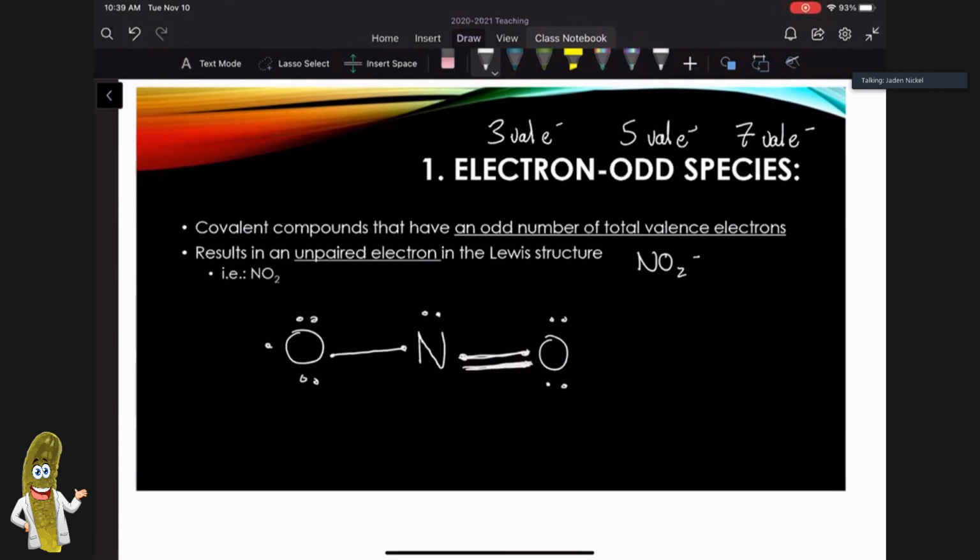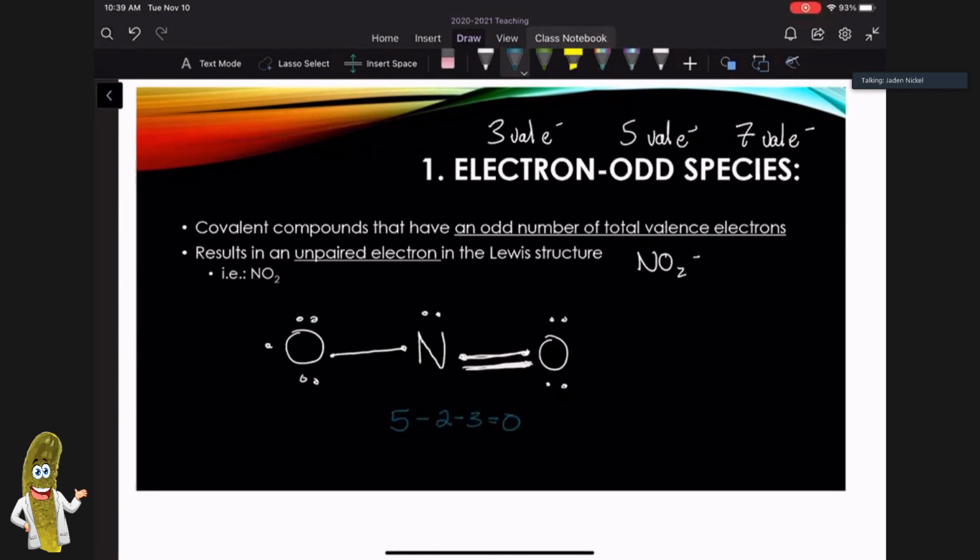Then what we would need to do is simply count up the number of electrons and see if we can get this to even out. Right now we have nitrogen, which has a valence number of 5. We have 2 dots and 3 bonds, so that one's 0.